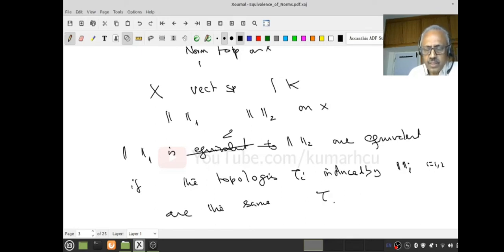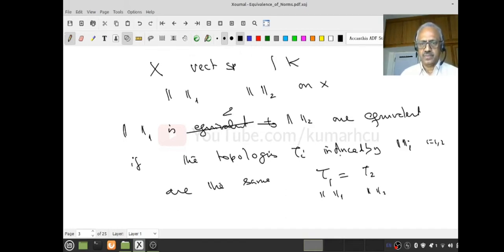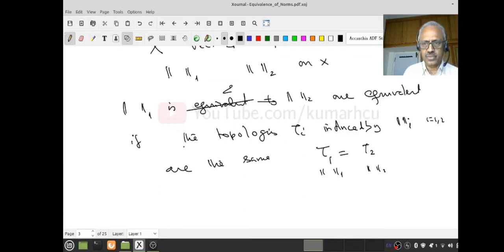That is, tau 1 equals tau 2. This is the topology induced by the first norm, and this is the topology induced by the second norm. So I say they are equivalent. Is the definition clear? This is my definition.